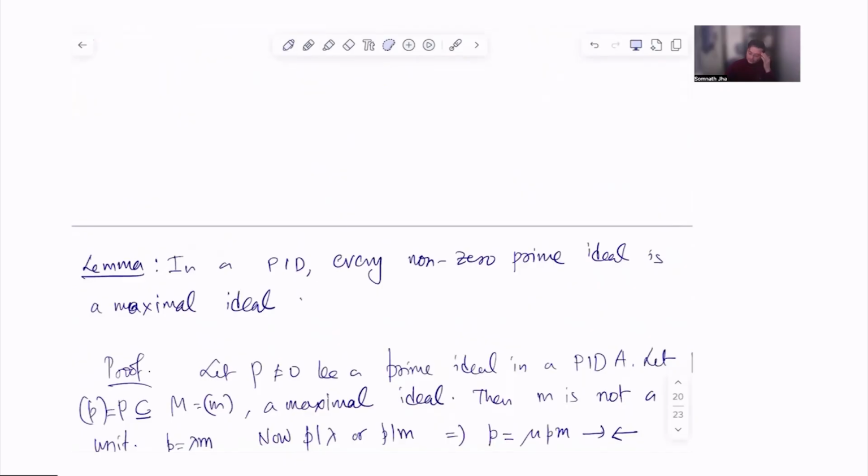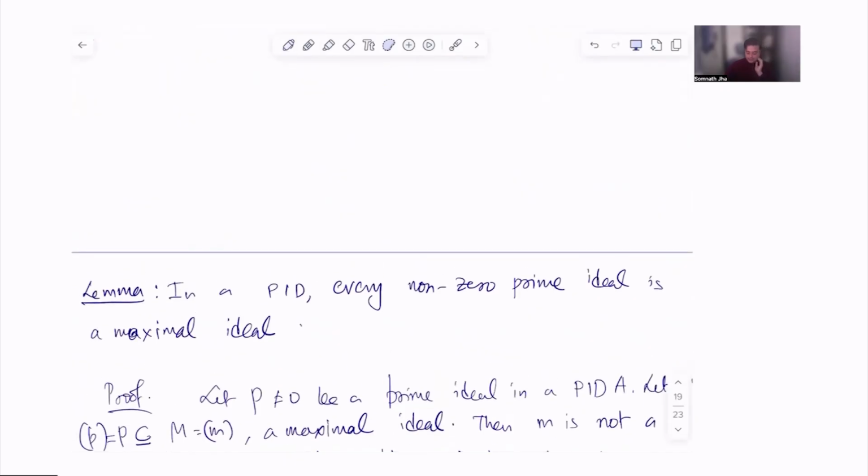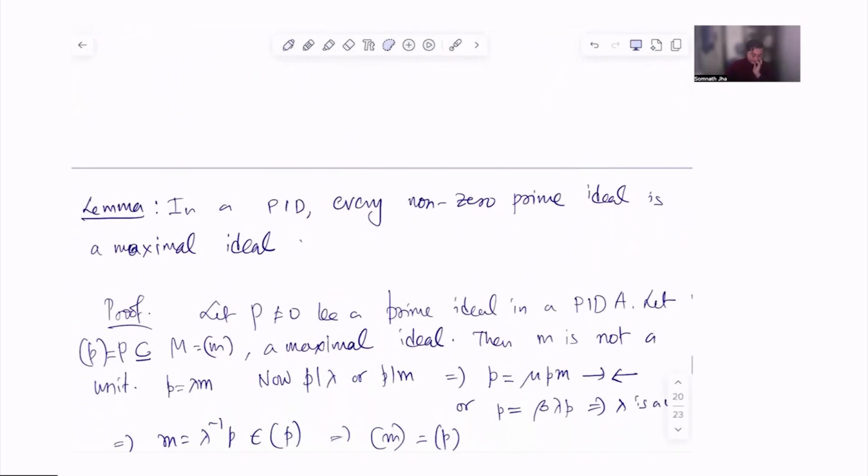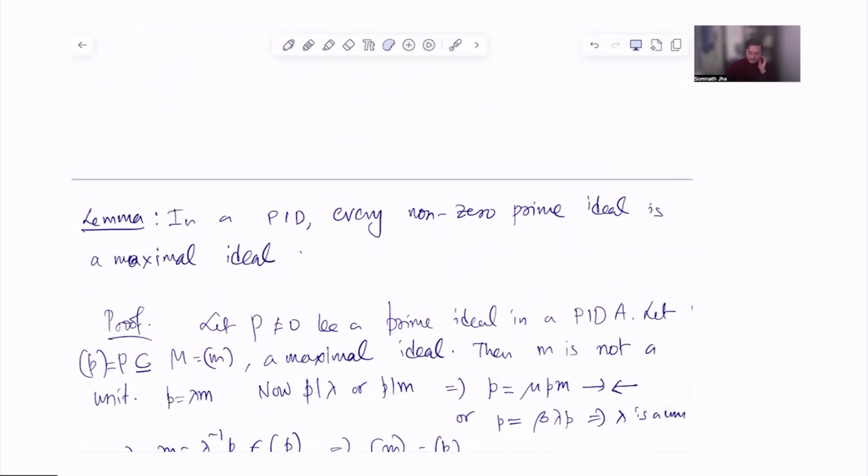Let P not equal to 0 be a prime ideal in a PID A, and suppose P is contained in an ideal M, which is a maximal ideal. Then we want to show that P equals M. Because it's a PID, every ideal is principal. So M is generated by a single element m. And in particular, by definition of maximal, it cannot be the whole ring. So m is not a unit.